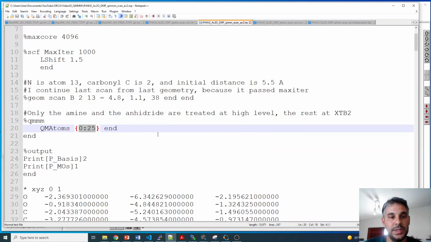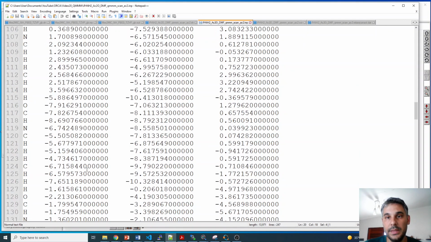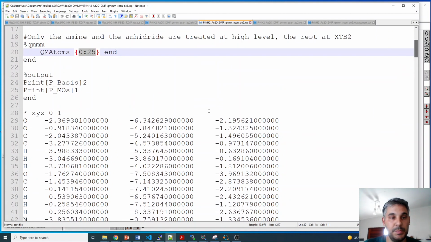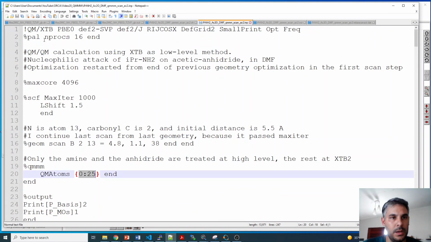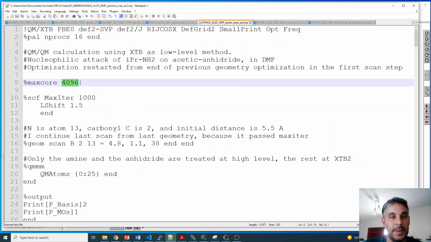So this is important to be sure of which atoms are going to be in the high level space and which atoms, the rest of them, are going to be in the lower level space. So I am using 16 cores and I'm using a memory per core of 4 gigabytes.